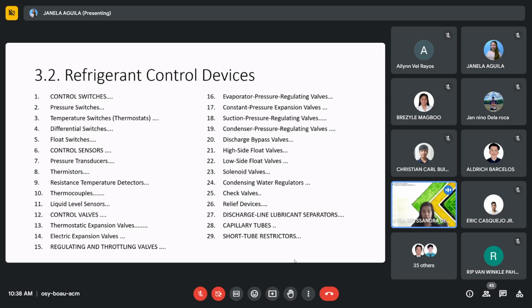Thus, this keeps the compressor's oil balance on track, facilitating efficient lubrication as well as preventing excessive oil circulation in the refrigeration system.